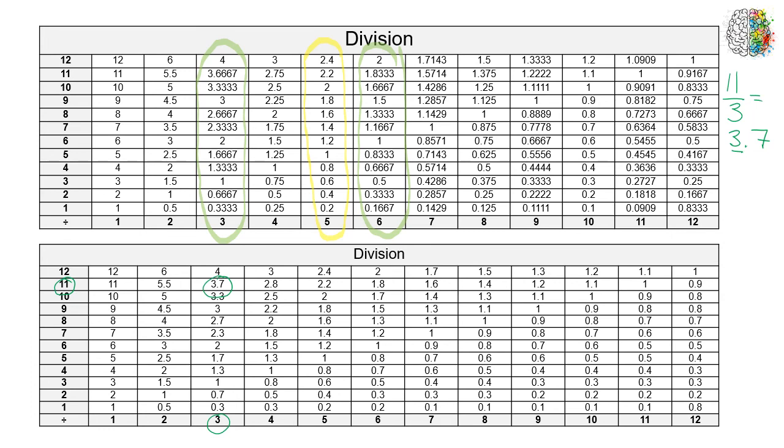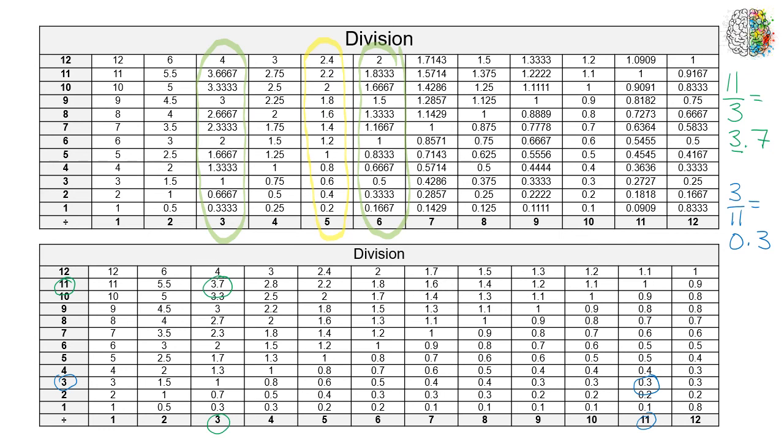But if I do the opposite, I do 3 divided by 11, that's just going to be 0.3. So 3 divided by 11 is going to be 0.3 because the top number is smaller than the bottom number.